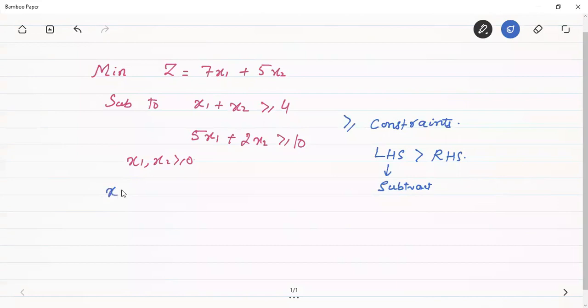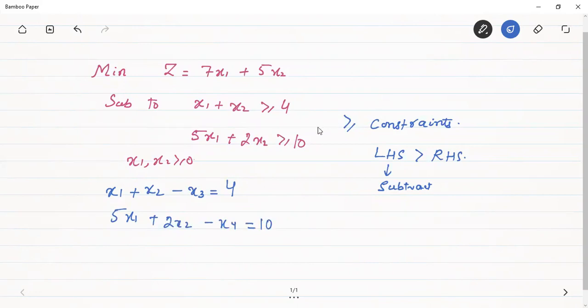So this problem will become, for the first constraint, since we have to subtract from the left hand side, x3 we have to subtract. Similarly, the second constraint will become the same with x4 subtracted, and that has to be equal to 10.